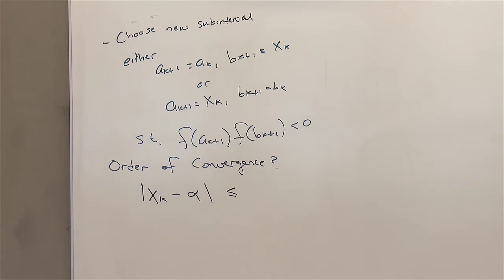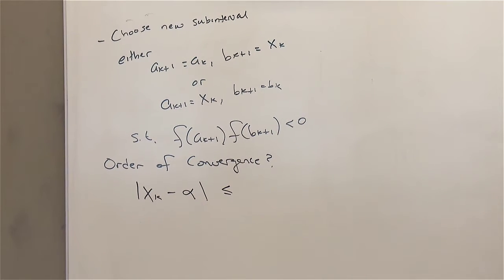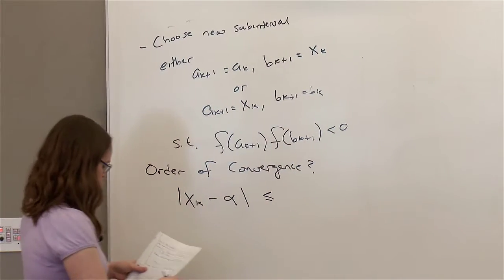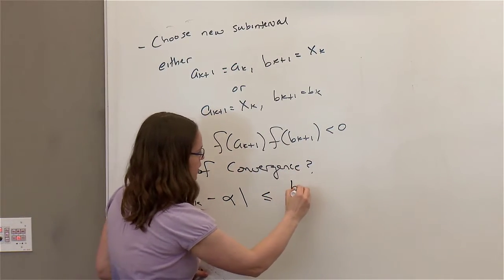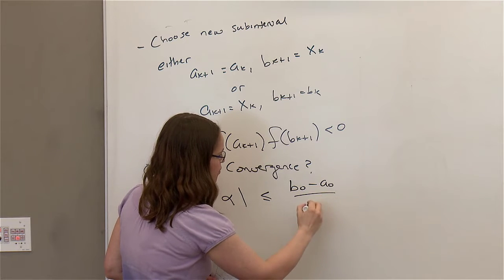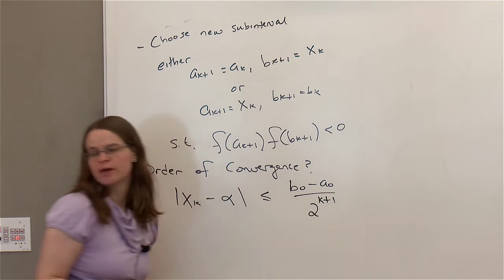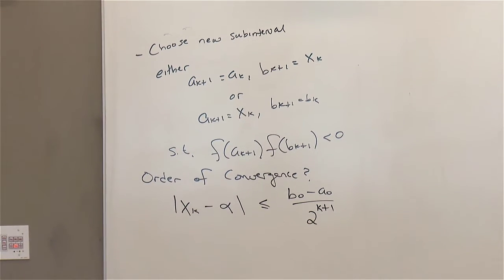When k is 1, it's going to be divided by 4, and then divided by 8, divided by 16, and so on. Always dividing it by a factor of 2. So we can very easily write down this error bound over 2 to the k, and then we just divide by 2 as many times as we've bisected the interval.